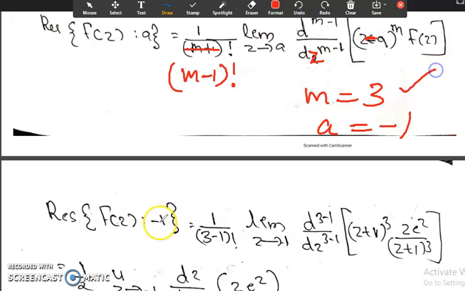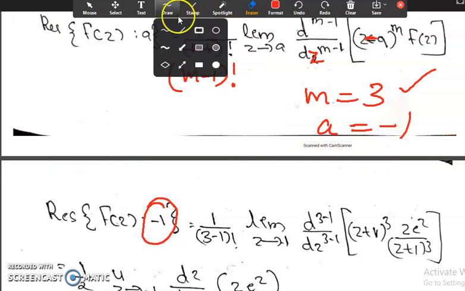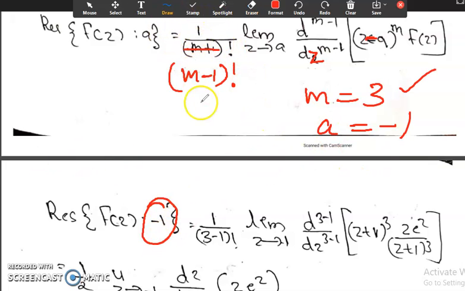m is the order. Pole at the point, what is our first value? z equal to -1, right? So at the point -1 we are finding. That means we have to take a as -1. So here 1 by (3 minus 1) factorial, limit z tending to -1, d power 3 minus 1 by dz power 3 minus 1.